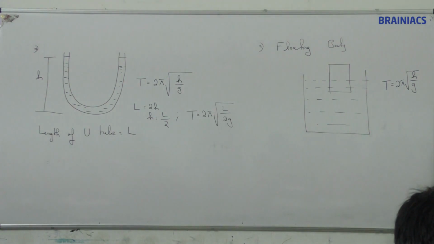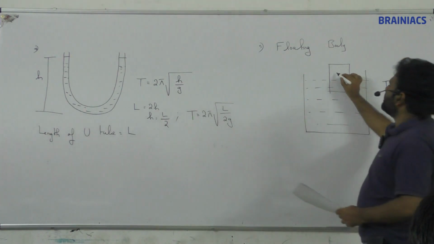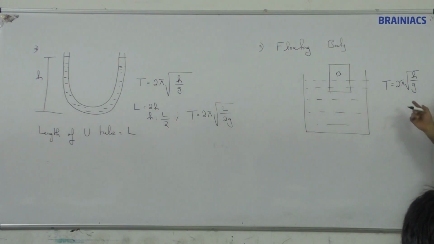But here instead of height, if they give in the form of area of cross section and density of the body, this formula I am giving just for remembering purpose, because most of the cases are same.